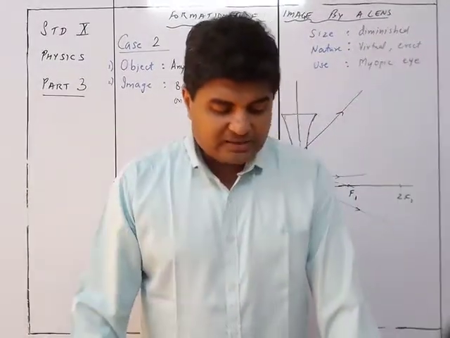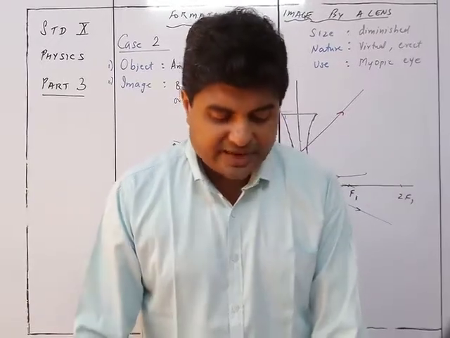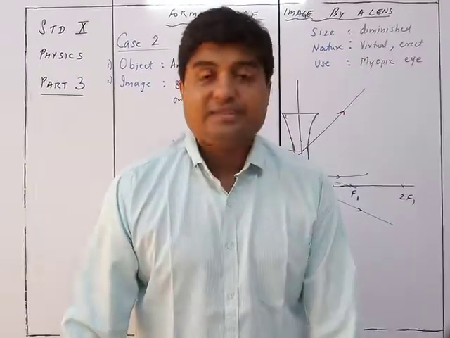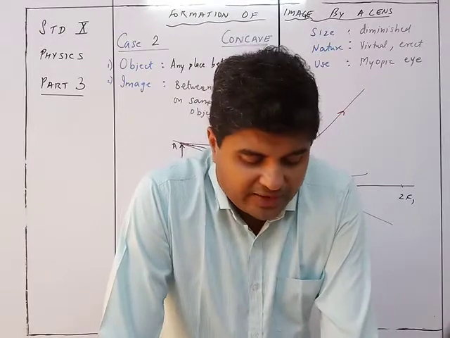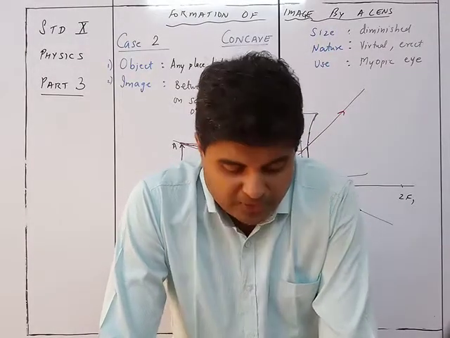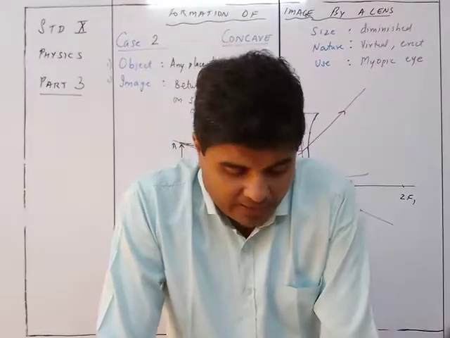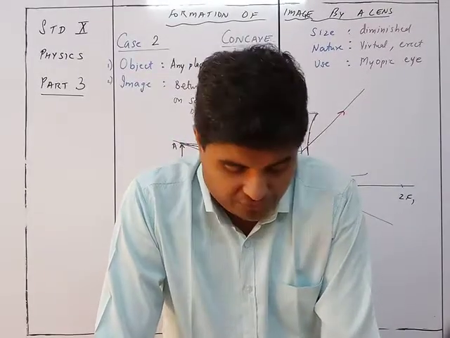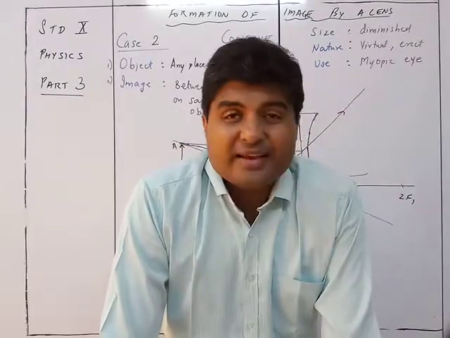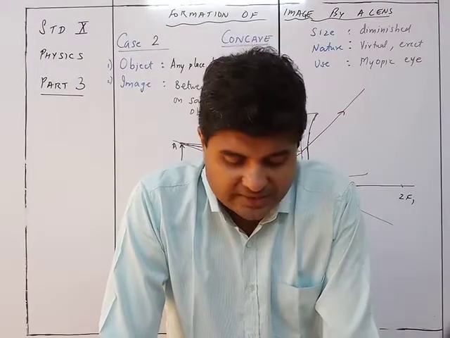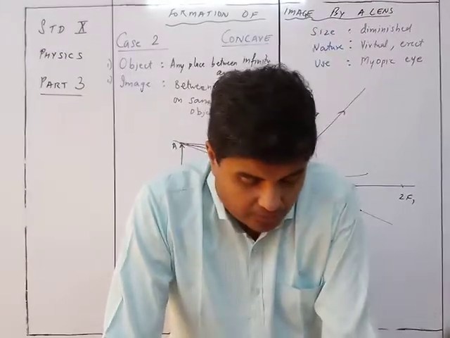For a convex lens, the image can be magnified, of the same size, or diminished. It is magnified if the object lies a bit before 2F, of the same size if it is at 2F, and diminished if it is beyond 2F. Whereas in case of a concave lens, it's always a diminished image.